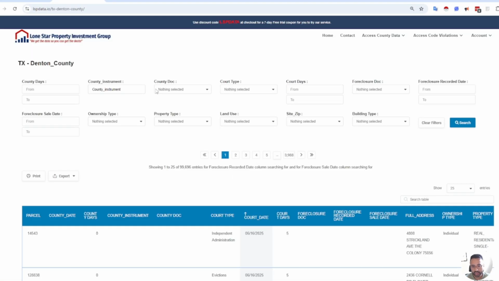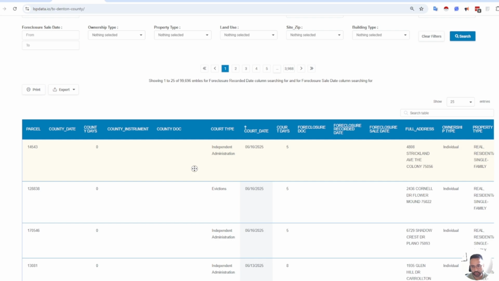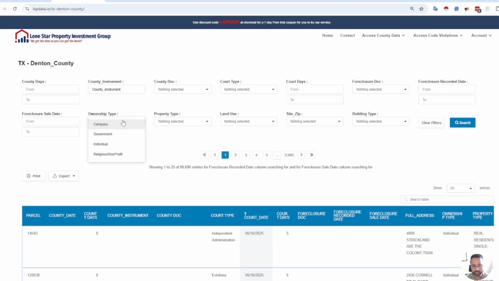So with that, this is the kind of information that we can provide you. We can provide you the property types that you're interested in, the ownership type, maybe as an individual or maybe as a company.